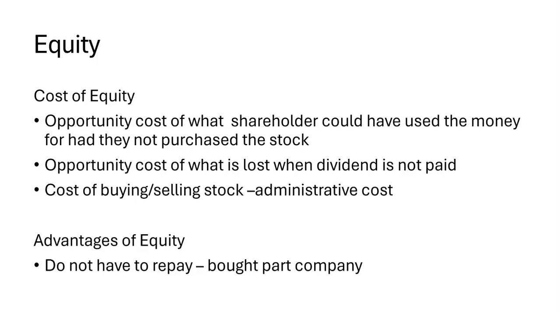Well, companies have two options when it comes to acquiring money. One is debt and one is equity. Now, equity includes retained earnings. So in the case of an individual, that would be your savings, right? So businesses retain or keep some of the profit that they make and put it in a savings account.